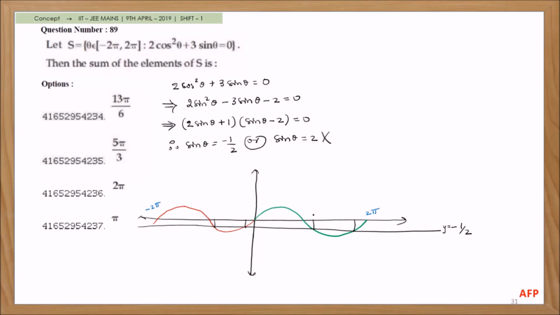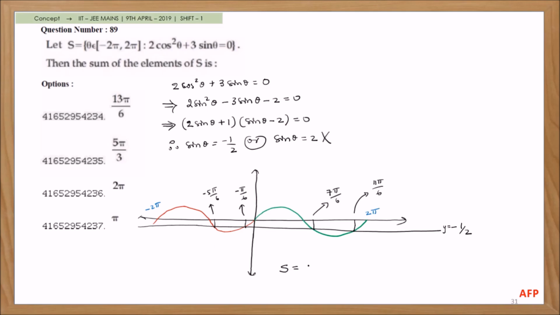This point you get 7 pi by 6, and this point you get 11 pi by 6. Here this point you get minus pi by 6, and this point you get minus 5 pi by 6. So these are the 4 points which exist in this set.